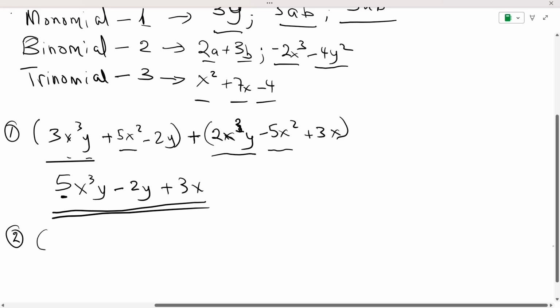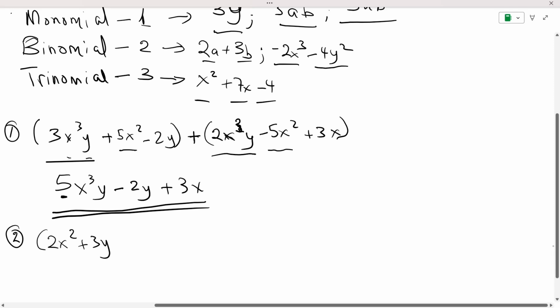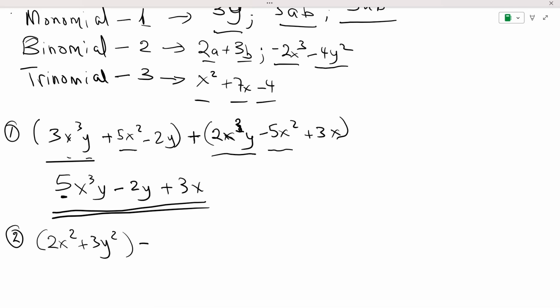We have 2x squared plus 3y squared. And we are supposed to subtract x squared minus 2y squared plus 7.